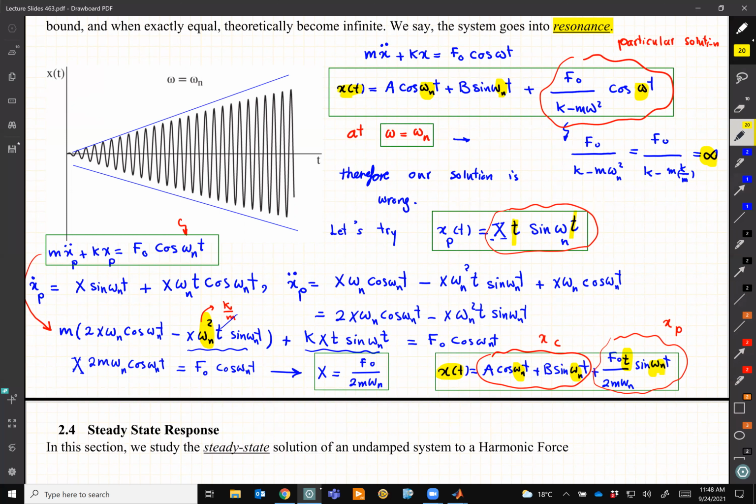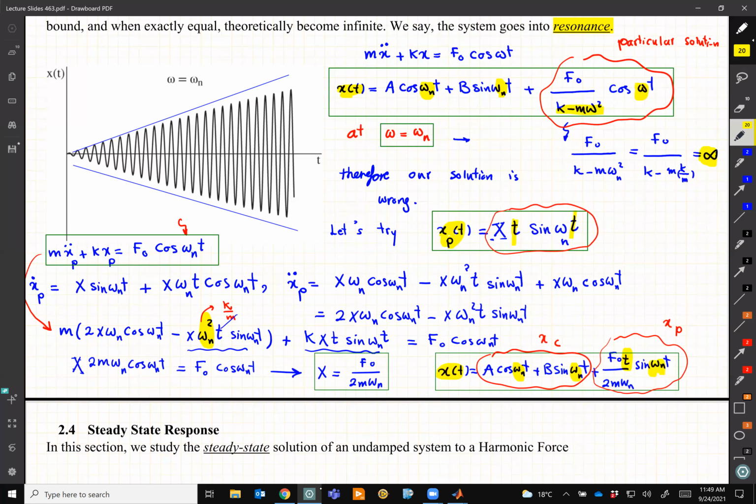But anyway, let's summarize. Two phenomena: one is beating, and another one is resonance. In resonance, we figured that our initial guess, our initial answer that we were happy with, is not correct. So we had to guess another answer for xp because xp was the trouble, right? Because we showed here that at omega equal omega n, we get to infinity.